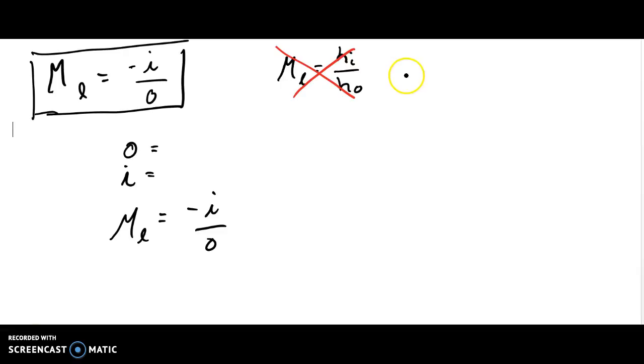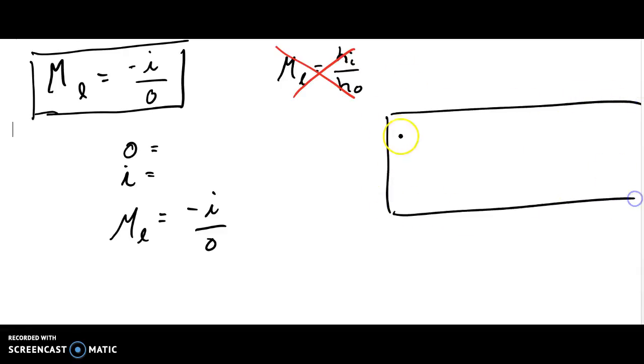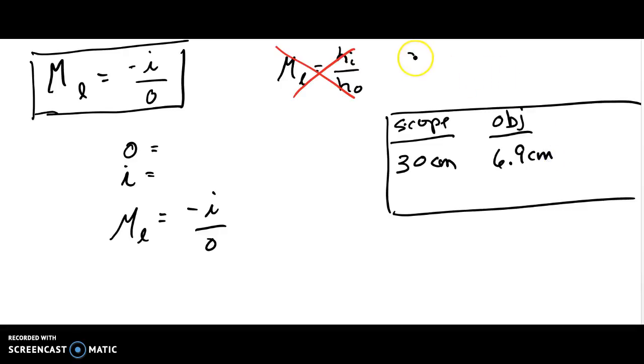So for our calculations here, I'm going to use a set of data so that my scope length is going to be 30 centimeters. And then my object distance is going to be 6.9 centimeters. And my focal length, by the way, I'm going to use, just like we did before, 5 centimeters.